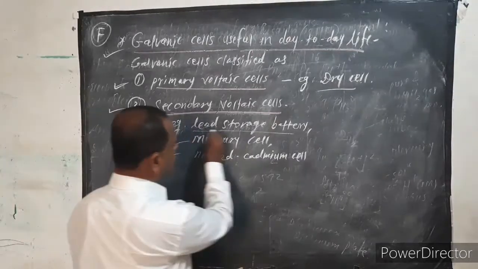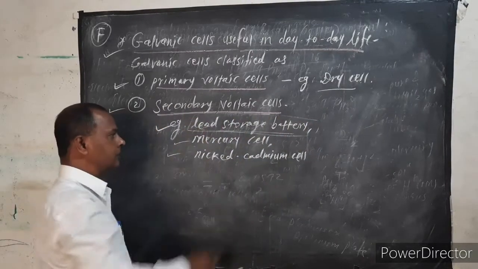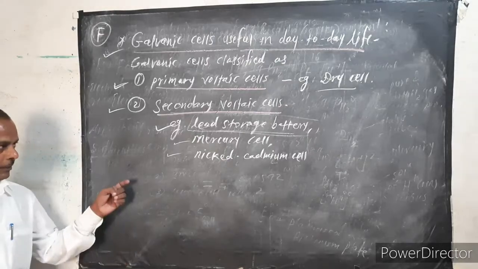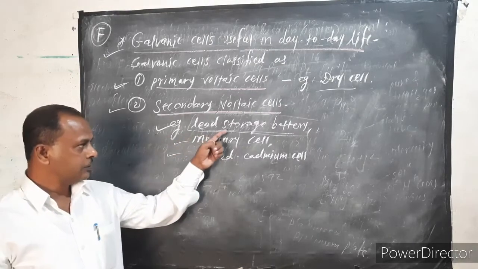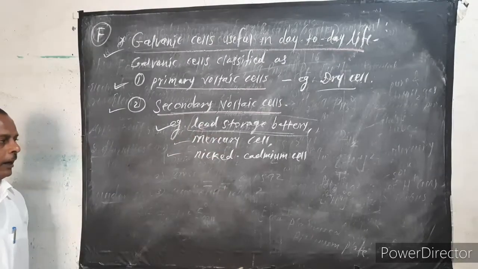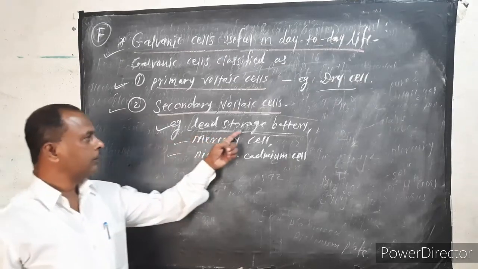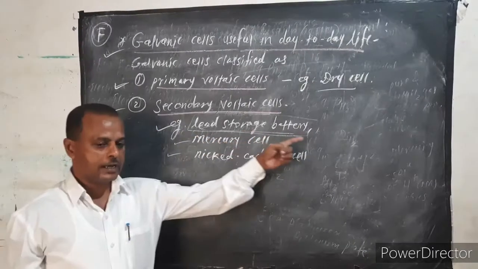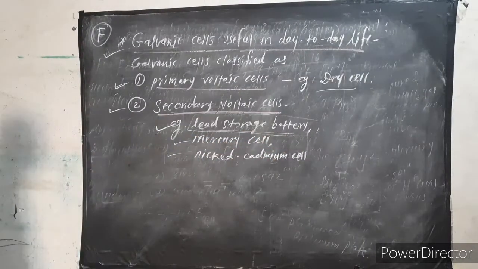Now, about the lead storage battery: when it is discharging, in operation, it acts as a galvanic cell.